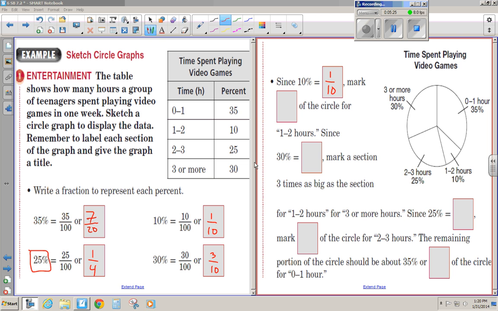We're going to start with the 25%. Since 25% is 1/4, mark 1/4 of the circle for 2 to 3 hours.